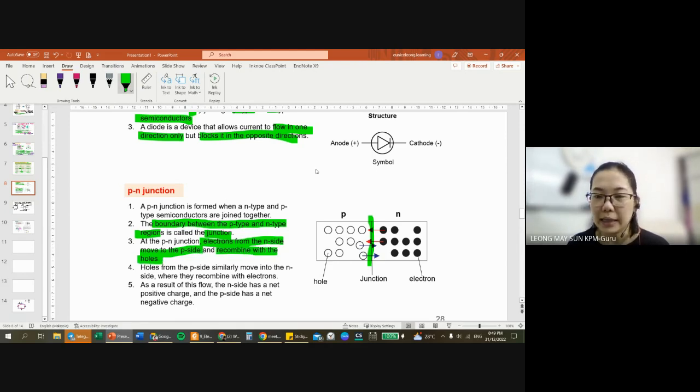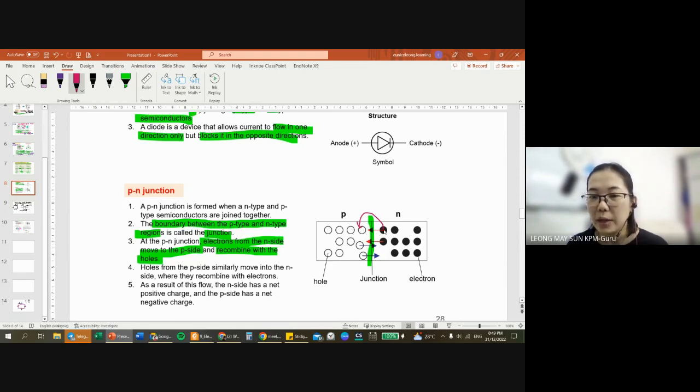The n-type has a lot of free electrons. The p-type does not have enough free electrons. So the electrons will jump over the junction towards the p-type to enter the holes.